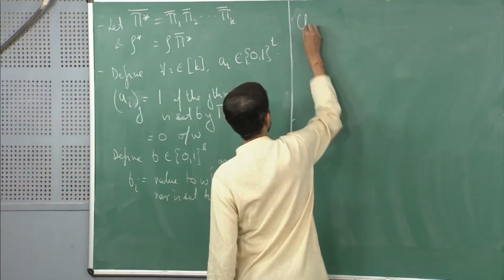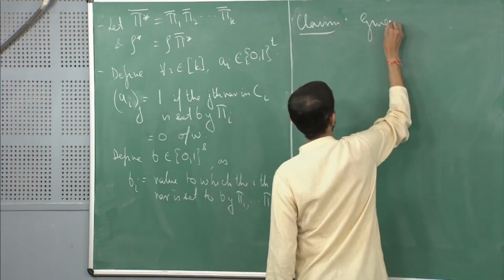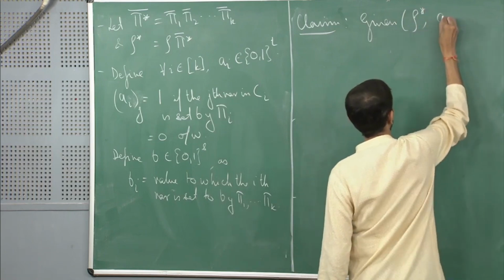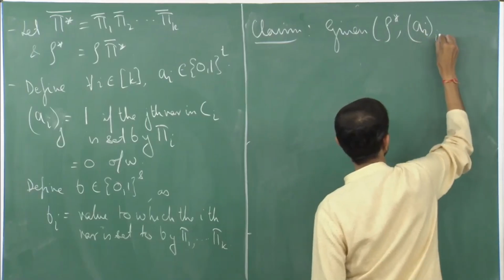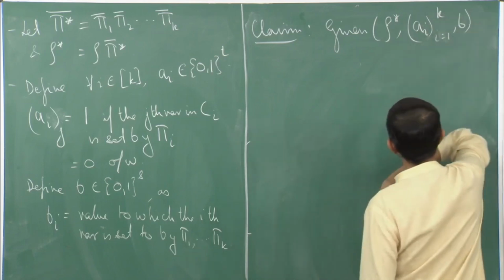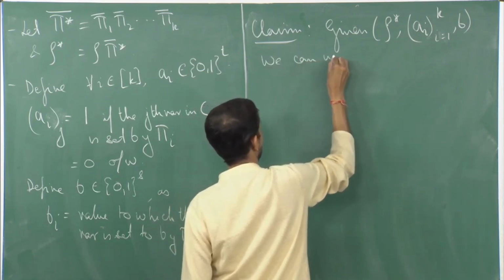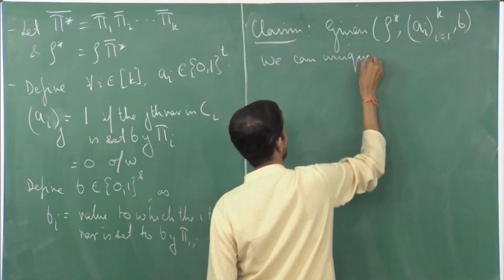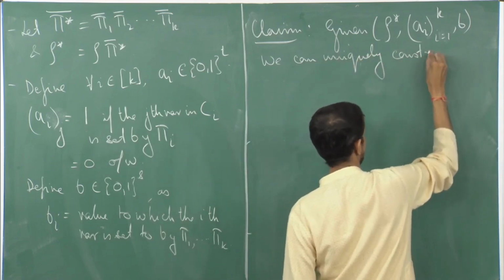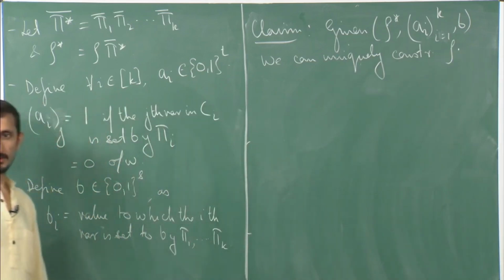So, claim: given rho star, these a_i's, i going from 1 to k, and b, we can uniquely construct rho.